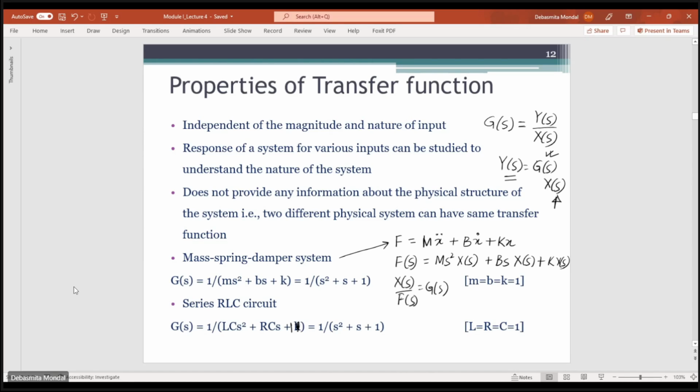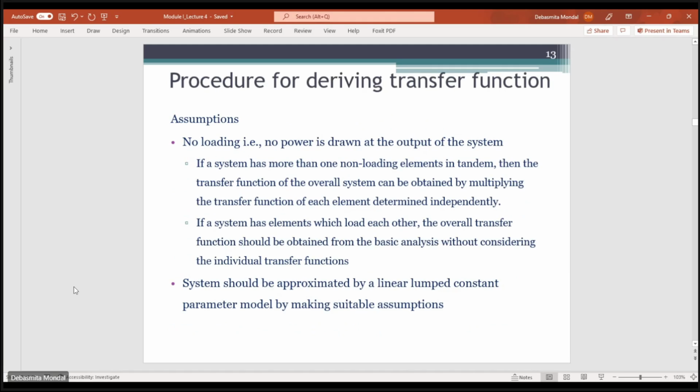But using the transfer function, if you provide different types of input to the system, you can find out what the output will be for a specific type of input.